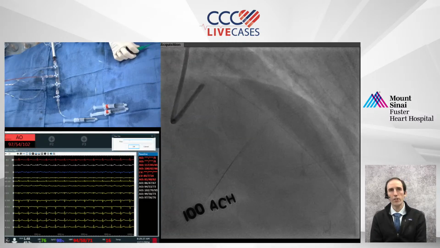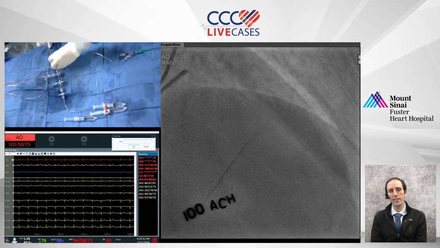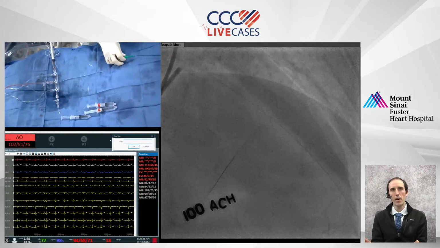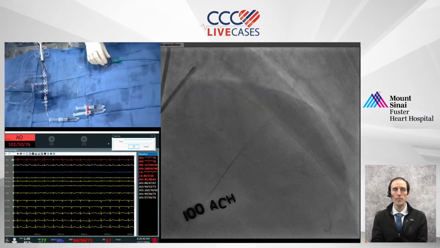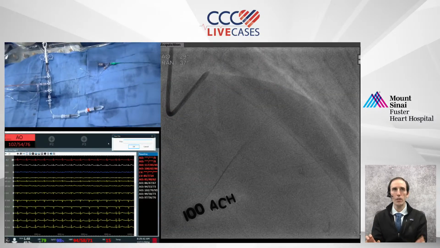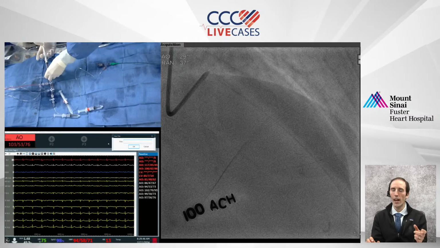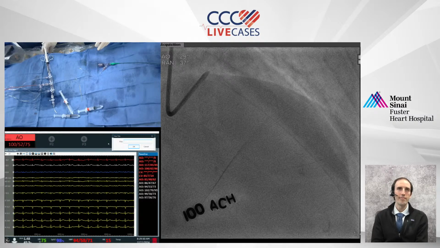Yeah, I think your point about the nitroglycerin is so critical. If you're doing this testing, the nitroglycerin and the acetylcholine have to be in designated spots on the table. Exactly. The nitroglycerin has to be available at all times, and when you're done with testing, it's so critical to empty the acetylcholine syringes so you don't accidentally use that as a flush later in the case.